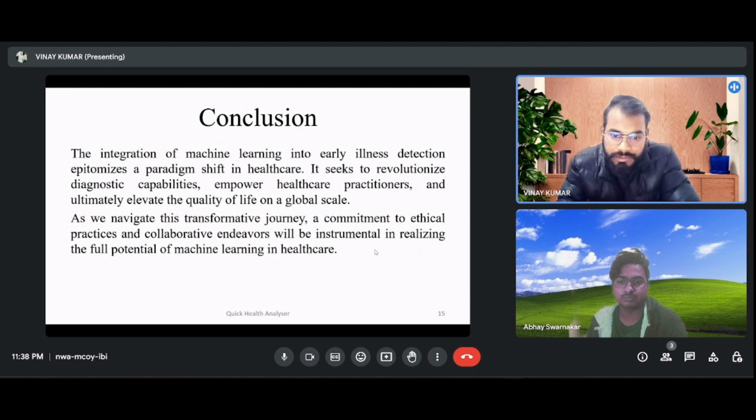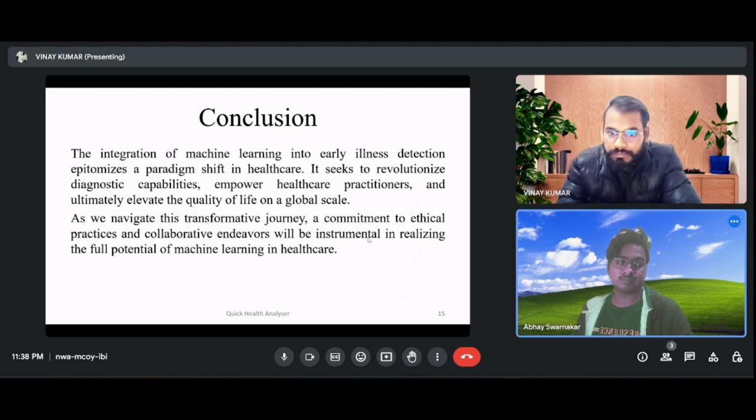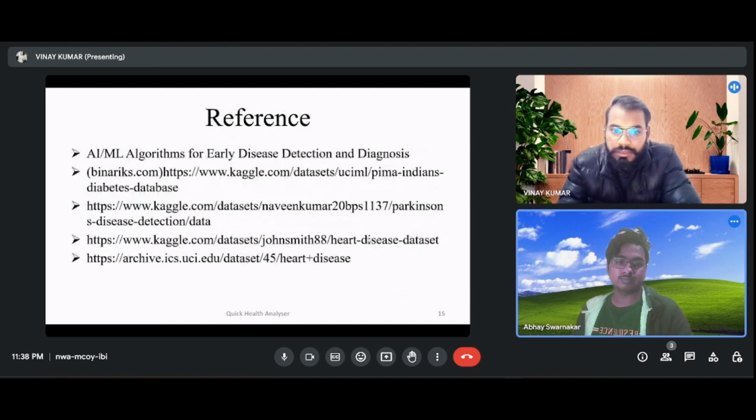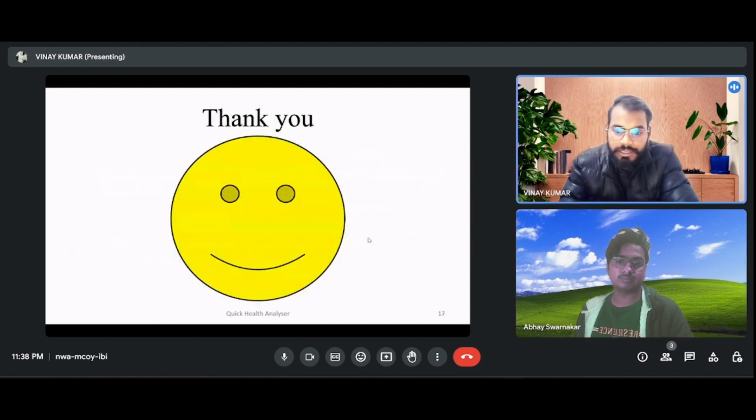As we navigate this transformative journey, a commitment to ethical practice and collaborative endeavor will be instrumental in realizing the full potential of machine learning in healthcare. Thank you. That's all.